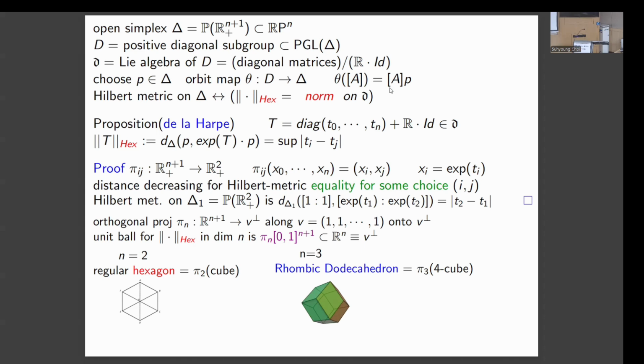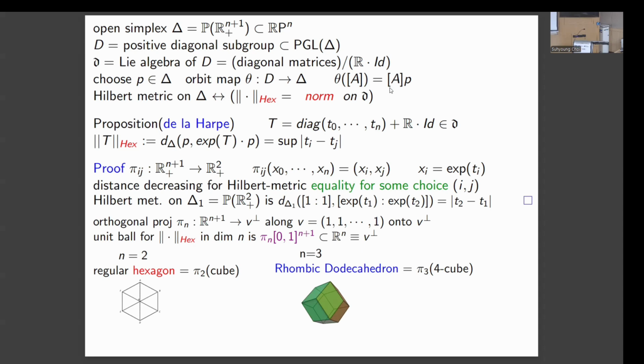The norm of this, which is the same as the distance of the base point in the simplex from its image under the exponential of T, is called the hex norm.